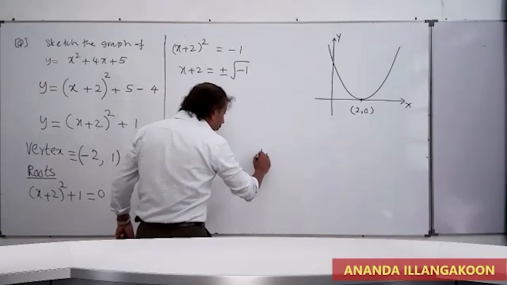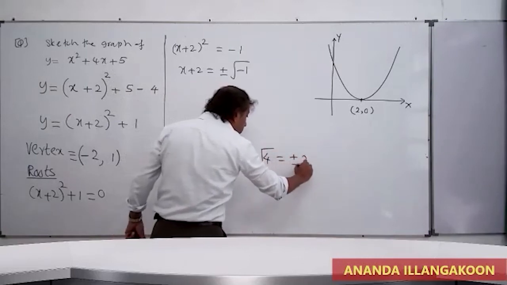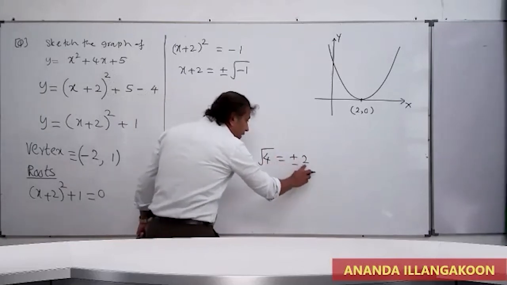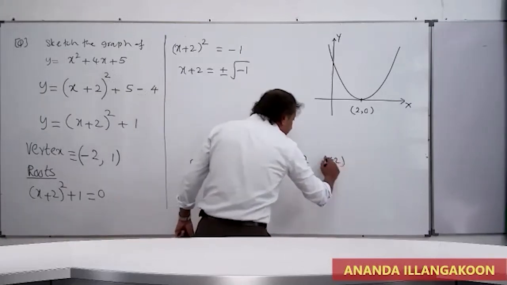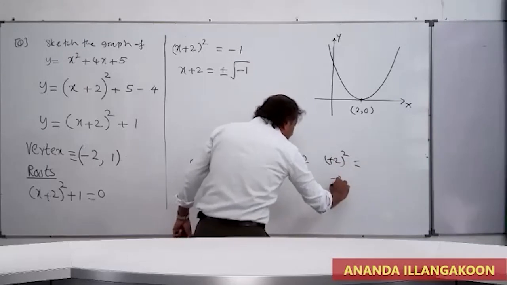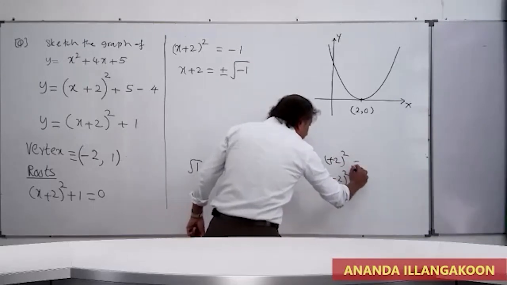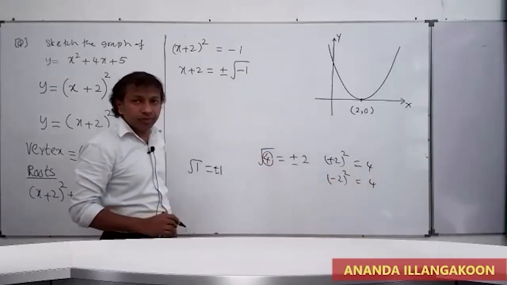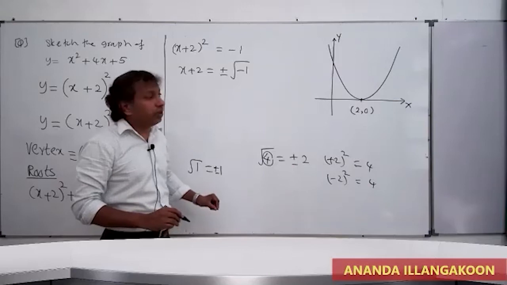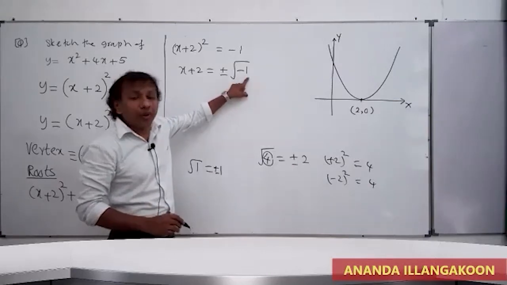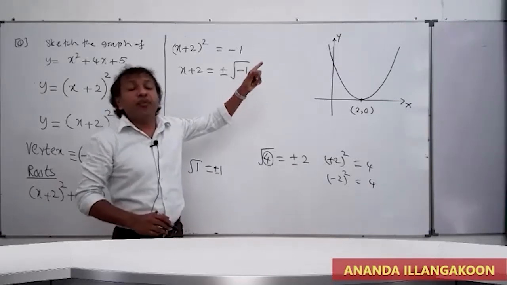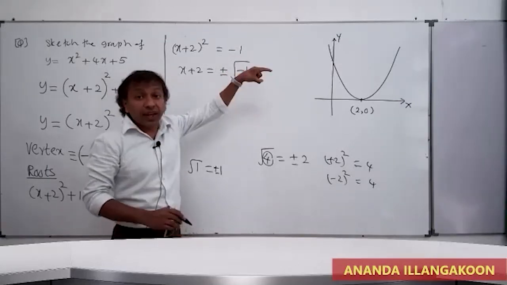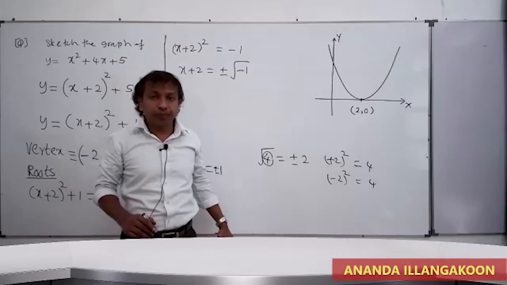The square root of 4, you know, is plus 4, minus 2, no. Either we square this plus 2 or minus 2, finally we get the same number, this 4.